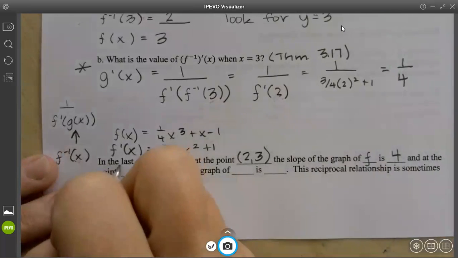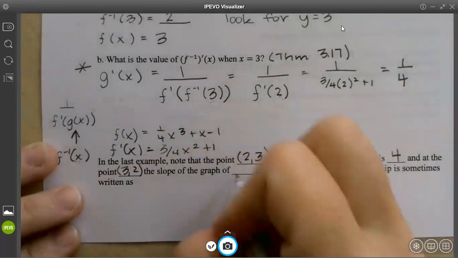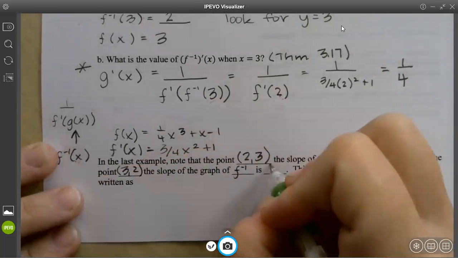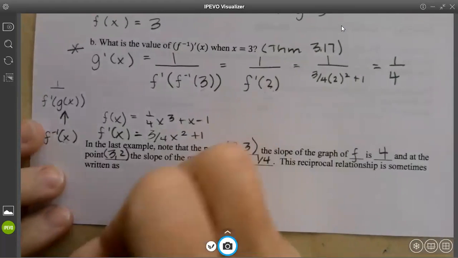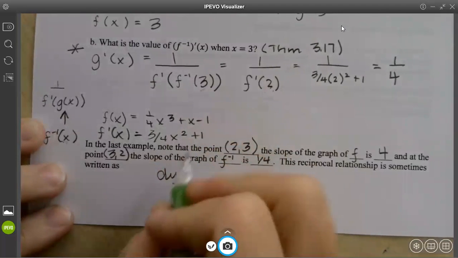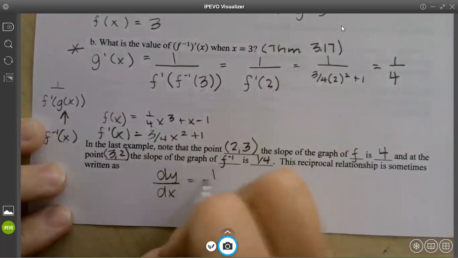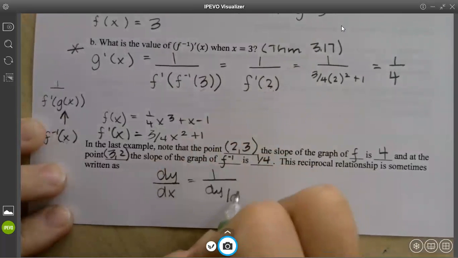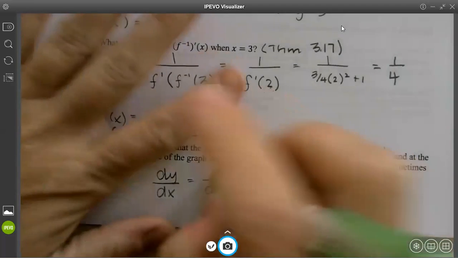And at the point 3, 2, the slope of the graph of f inverse is 1/4. This reciprocal relationship is sometimes written as dy over dx equals 1 over dx over dy.